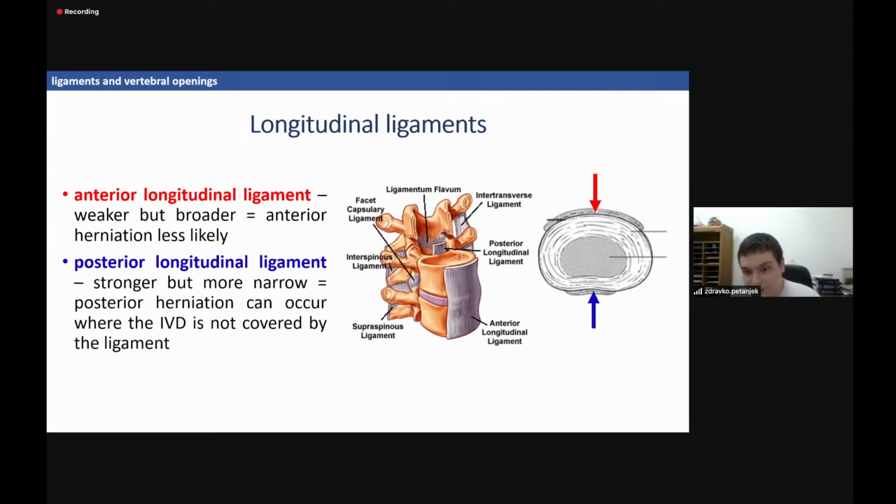However, it is much more narrow and leaves a lot of space in the lateral portions, which means that posterior herniation of the intervertebral disc typically occurs where the intervertebral disc is not covered by the posterior longitudinal ligament. It can also occur where the disc is covered by the ligament. However, then there must be also some kind of structural damage to the ligament underlying the condition.